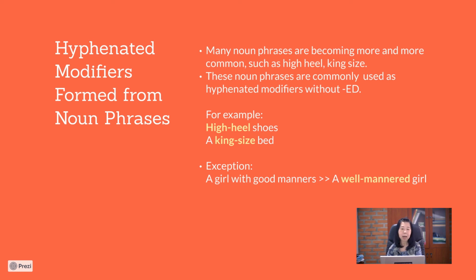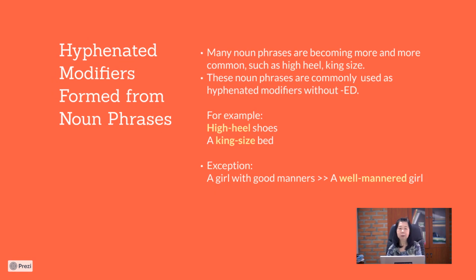For example, high heel shoes, king size bed. Heel and size are used without -ed. But there is also another exception. A girl with good manners becomes a well-mannered girl. Not a good-mannered girl, but a well-mannered girl. Please remember it.